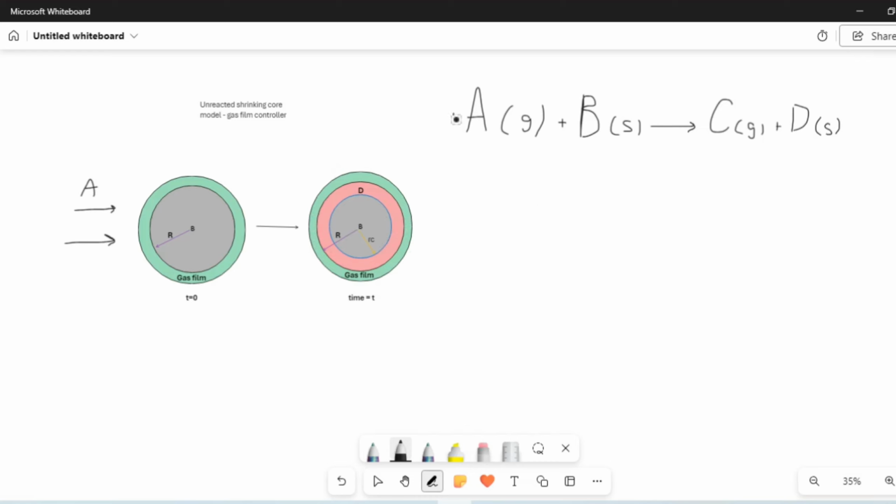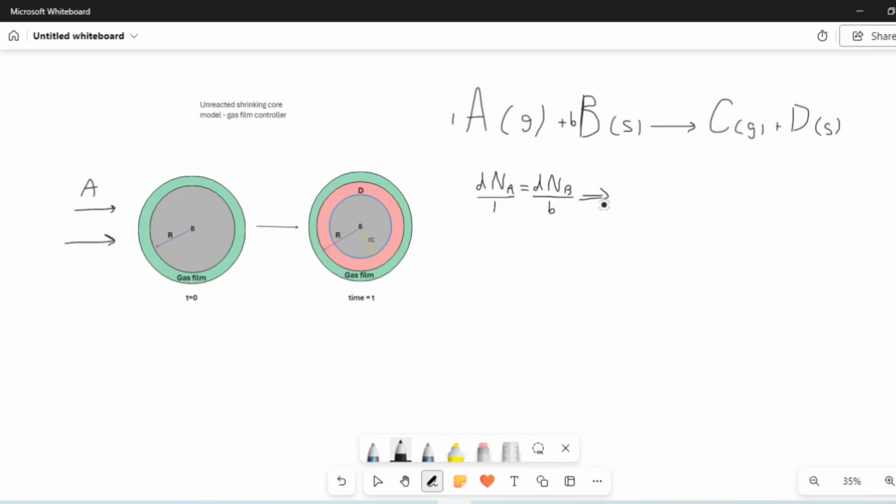We can assume for every mole of A, we need b moles of B. And then we can write a molar balance as dNA over a equal to dNB over b, divided by the stoichiometric coefficients.